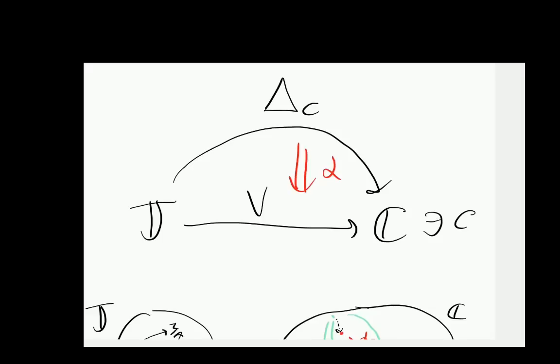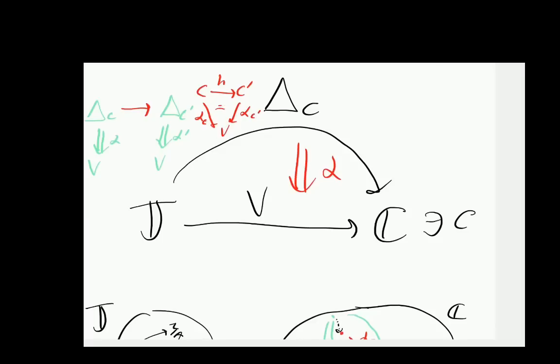Then a morphism from one cone to another, for example, if we have a cone like this and another cone like this, then a morphism from one to the other is just going to be an arrow H from C to C dash, which makes these walls commute here.